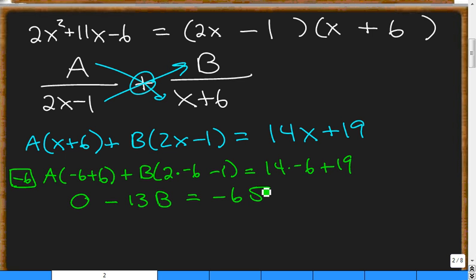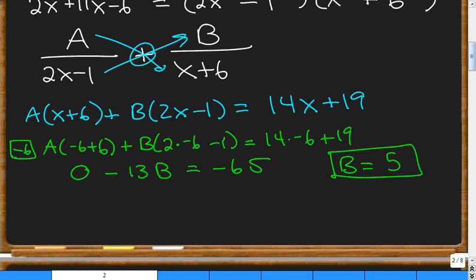And if you did -65 divided by -13, you would get 5 as your answer. Okay, so sorry about that little mistake. But if you were to go through the problem and do it the correct way, like I did the first time, you would get 5. If you got a fraction, that would be a way to see, hey, maybe I did something wrong. You shouldn't end up with a fraction for that.